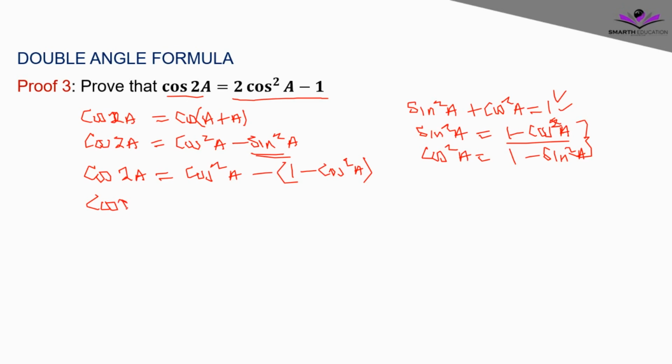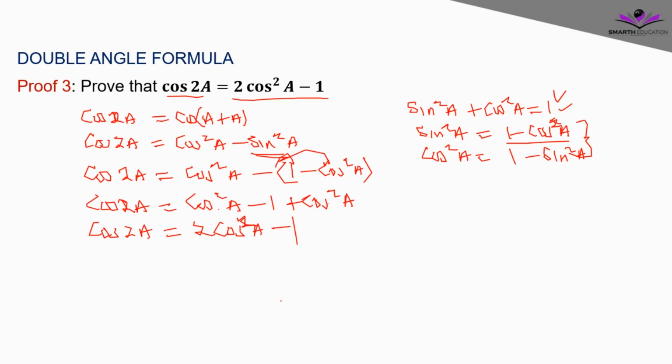Cos 2a is equal to cos squared a, then negative 1 there, it's going to be negative 1 plus cos squared a. Then cos squared a plus cos squared a is 2 cos squared a. So cos 2a is equal to 2 cos squared a minus 1. Okay, let's go to the fourth one, the last one.